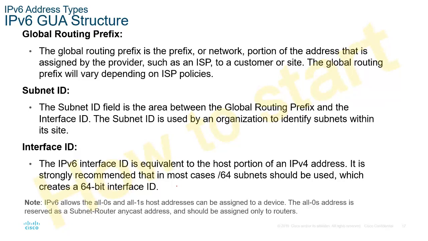The interface ID is the remaining 64 bits, and that's going to be more of the host portion. So the prefix can actually be the prefix and the subnet length. Those combined will be the first 64 bits. The remaining 64 bits will be the host bits, or interface ID.